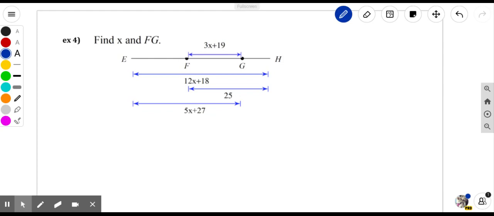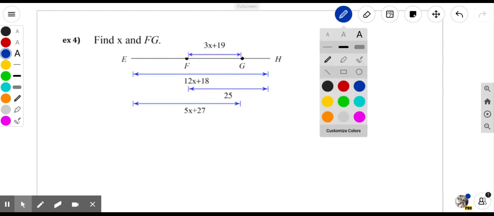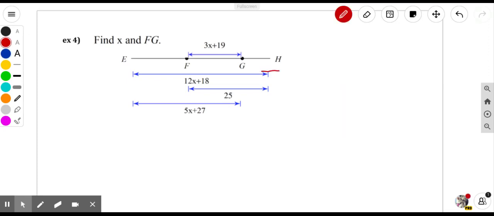Notice on this one, we are given the whole segment, EH. So 12x plus 18 represents the whole thing. Then notice now we have these three other segments. So we have, let me erase this real quick.